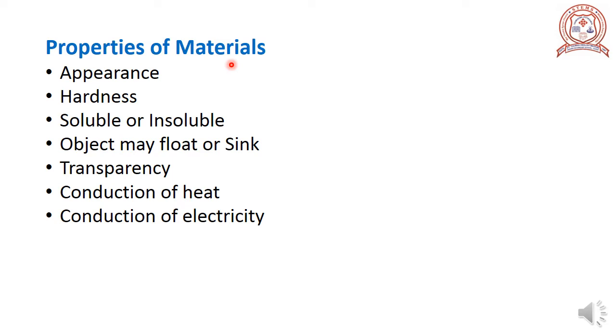So it is therefore important to have knowledge of the properties of materials. We should know enough about the properties of materials. Some of the properties are given here. In this chapter, we have to learn some of the properties of material.